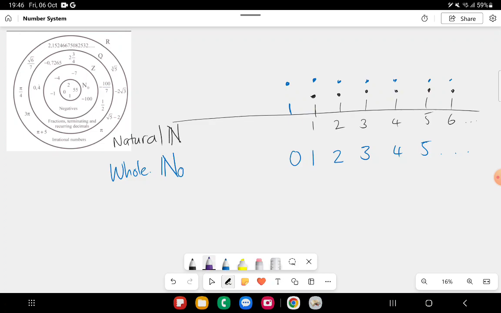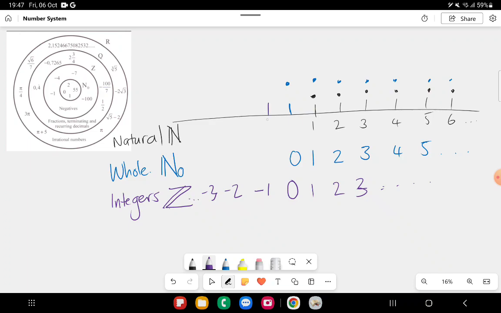Our next concept is called integers. Now, integers has got the symbol Z. And integers consists of natural numbers 1, 2, 3, dot, dot, dot, whole numbers 0, 1, 2, 3, and negative numbers, dot, dot, dot.